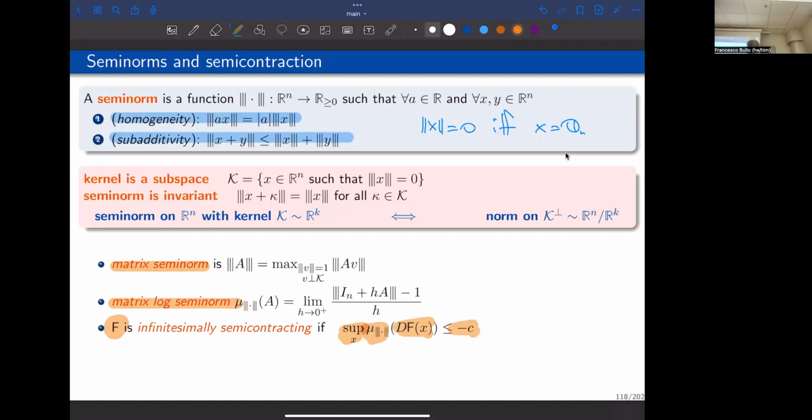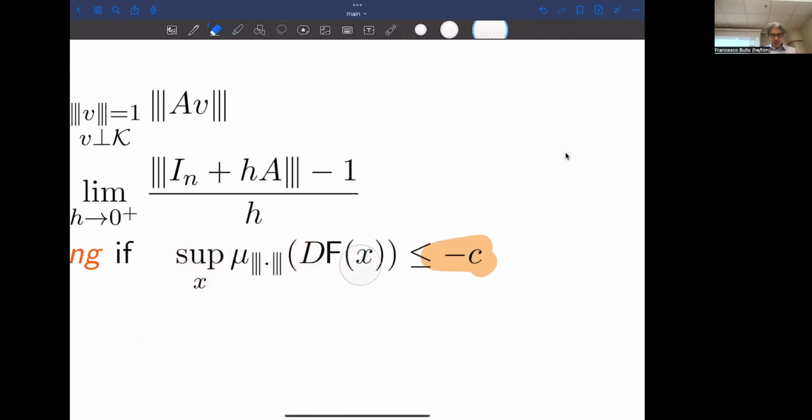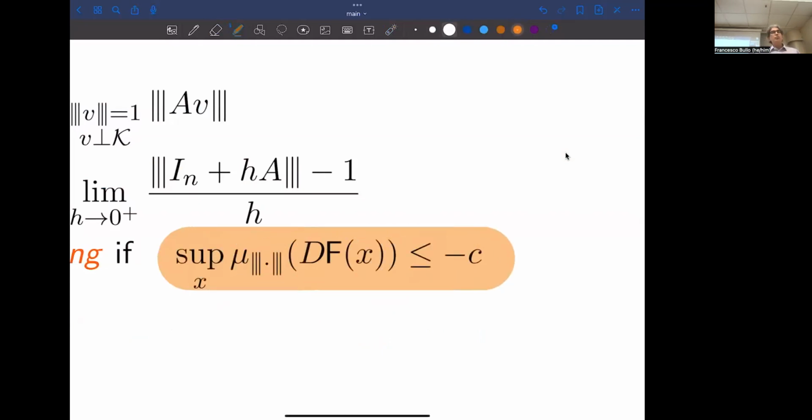Here I am using this weird triple bar instead of double bar to denote a seminorm. And so here at the bottom, the contractivity condition, or I should say better, the semi-contractivity condition uses the log seminorm. It's the same theory, but you gotta work with the flow.